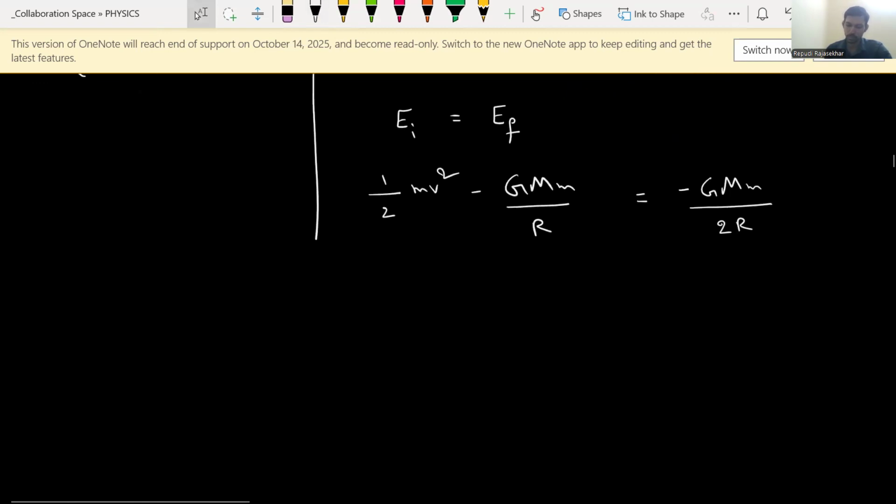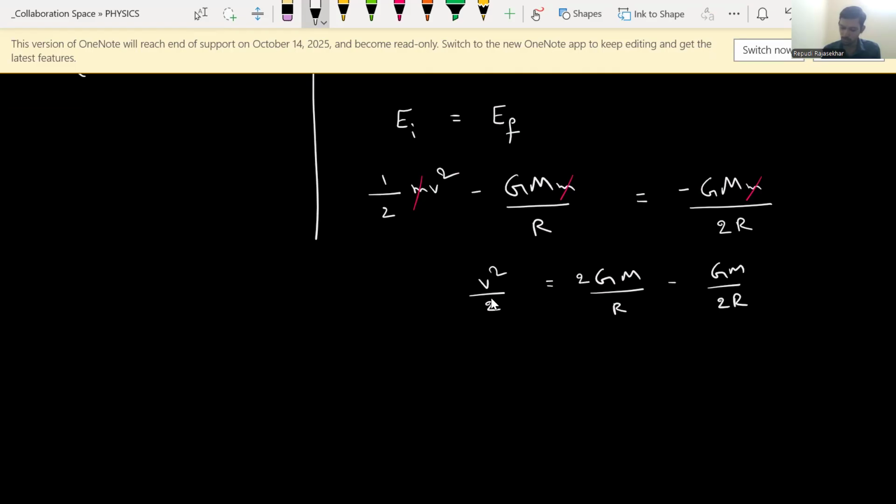Okay. Now we need to get the v value. If you observe this equation, small m gets cancelled. Now find out the v value. So v square by 2 equals, bringing this negative term to the right side, GM by R minus GM by 2R.